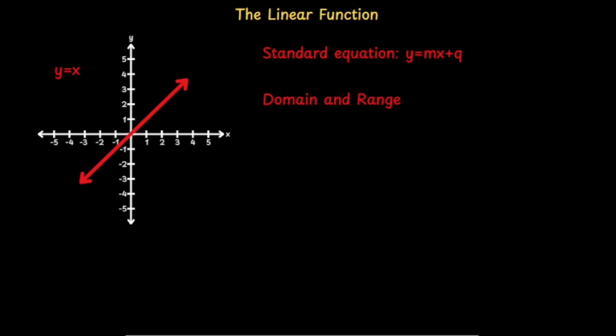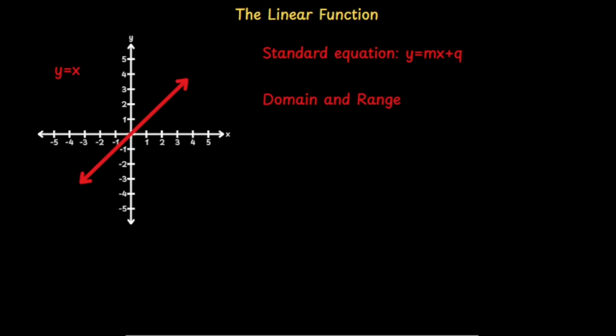The standard equation for a linear function would be y is equal to mx plus q, where m is your change in gradient, your change in shape rather, and that can be calculated using your gradient formula. m is equal to y2 minus y1 over x2 minus x1. That's if you have two known points on this function, you would be able to calculate your m value. You could also substitute in a known point as long as you know your y-intercept, and you'd be able to manipulate out to find the m value.